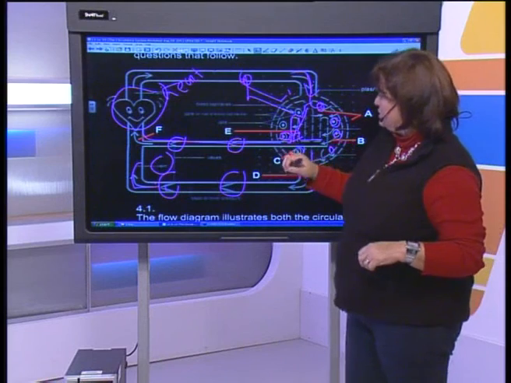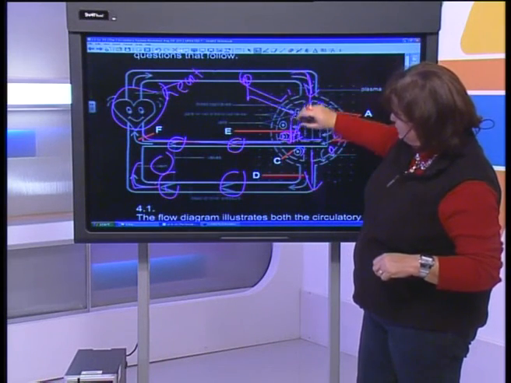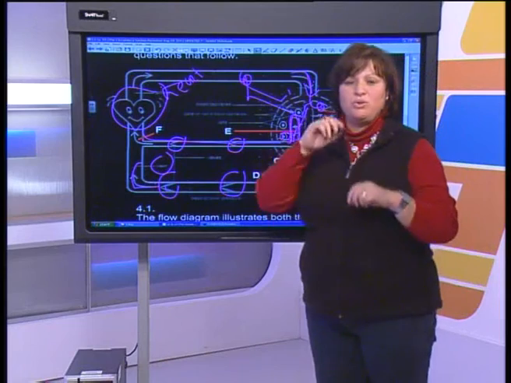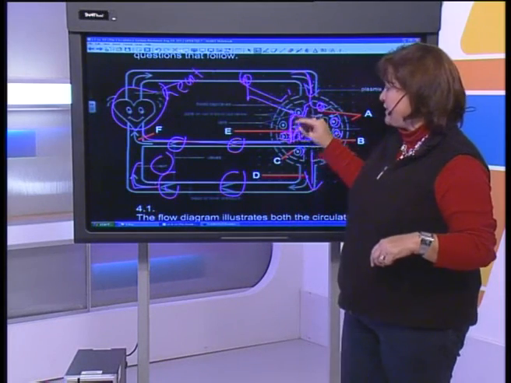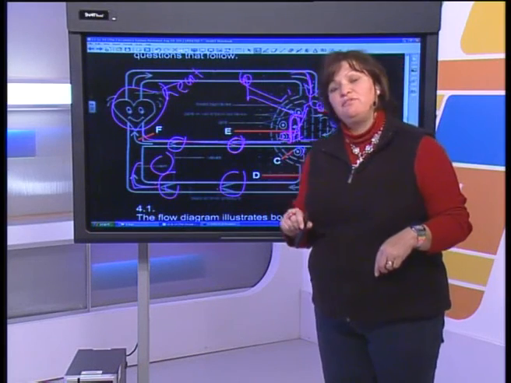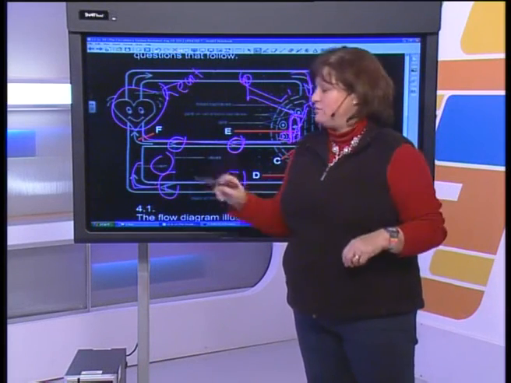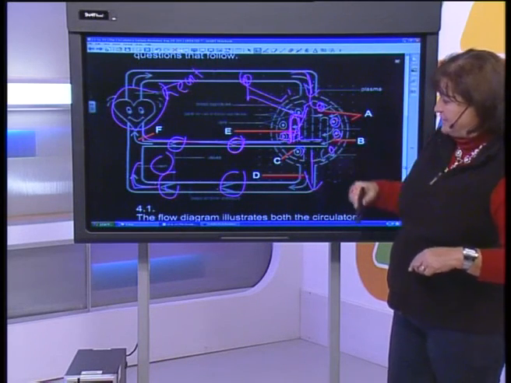You'll notice the lymph vessel is always blind ending. You'll also notice veins and lymph vessels both have valves because they've got to stop the backflow. So there we go with the lymphatic system.